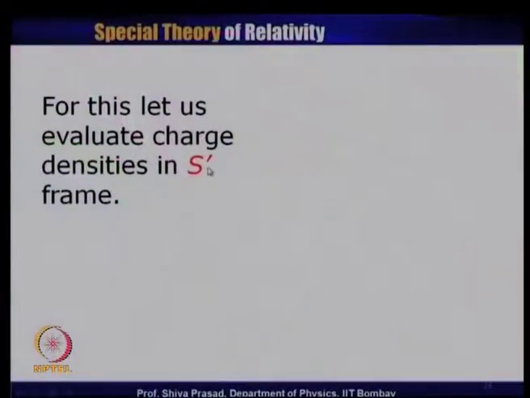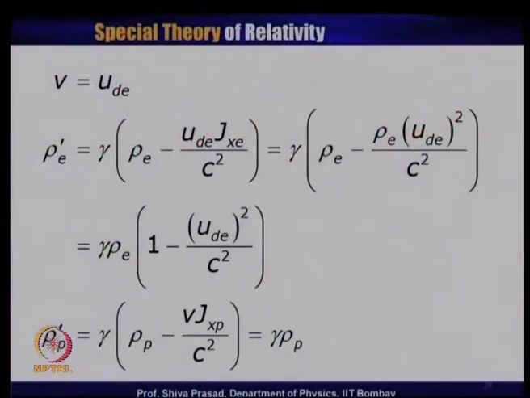For this, let us evaluate the charge densities in the S prime frame of reference. I just now found out the transformation equation relating to the charge densities. Let us do the same thing here. Find out what will be rho prime, if I know rho in S. Of course, the relative velocity between the frames I have taken specifically equal to u drift.